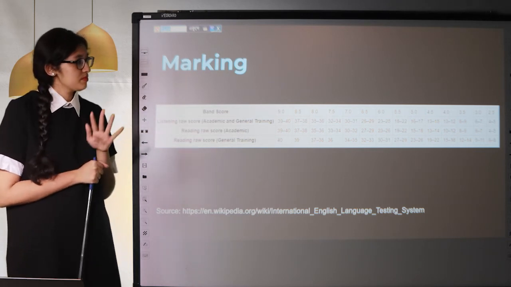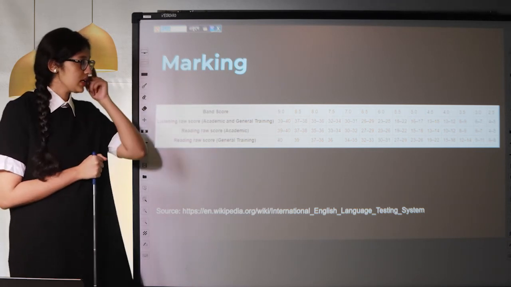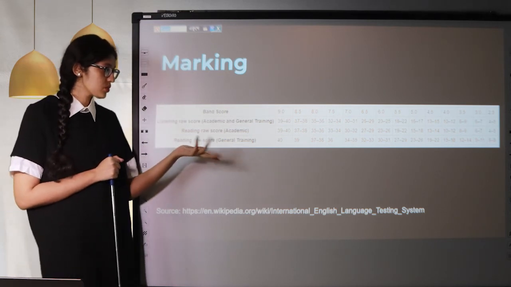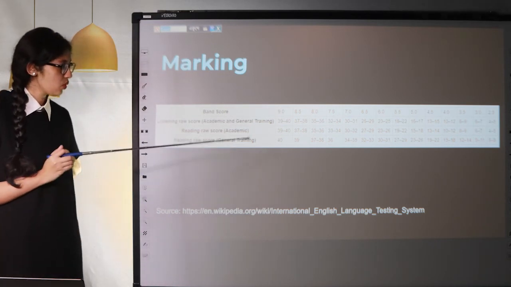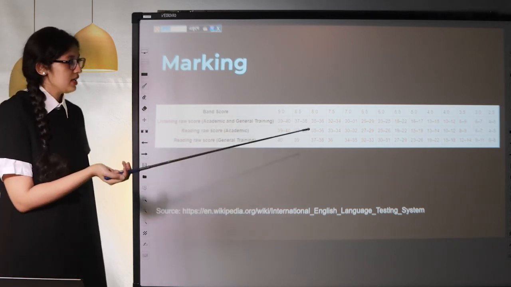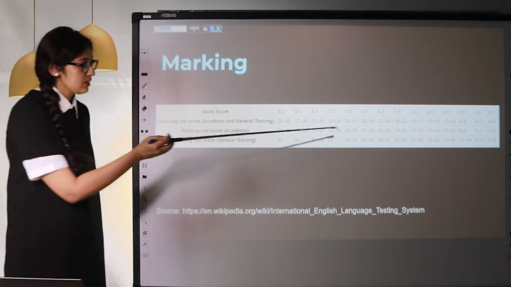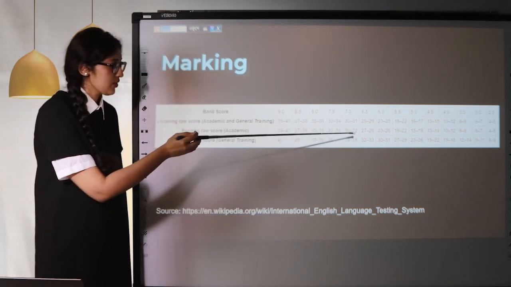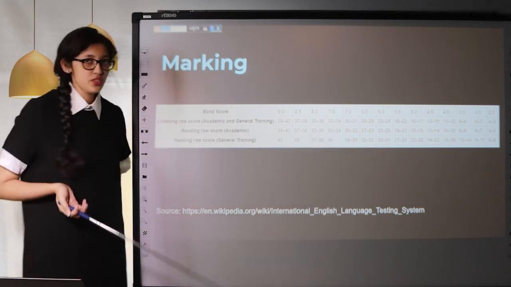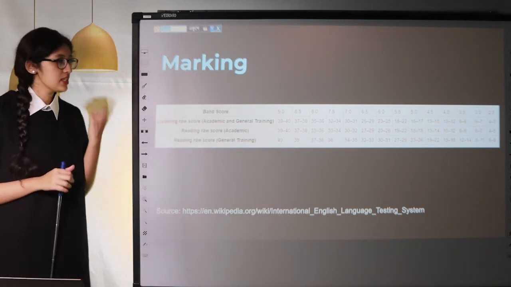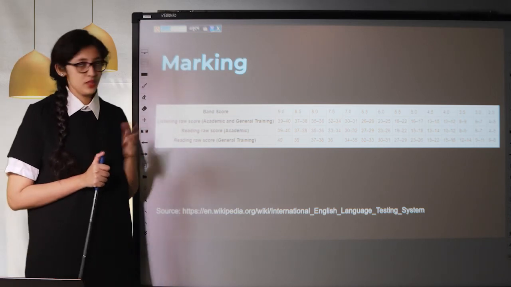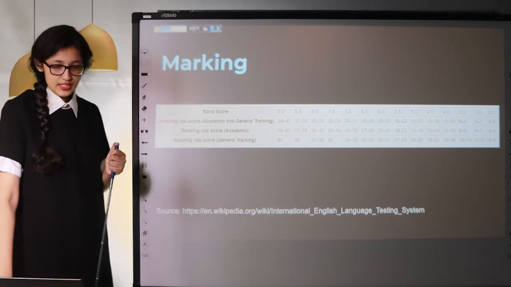So that's what the IELTS Exam Center is trying to imply, that it's easier to score in general training. That's why they put the same band score for, over here, as you can see, for 7, they're using 30 for academic, but 34 for general training. So what they're trying to imply is that it's easier to obtain marks in the general training one. That's the basic idea.